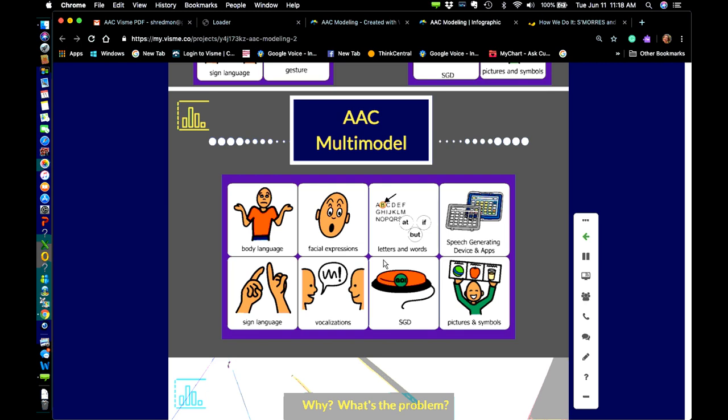And I'm first to admit I have been in a position where I've been working with kids and teaching AAC, and I want them to use their device so much that I forget about this idea of multimodal and about really honoring the communication.